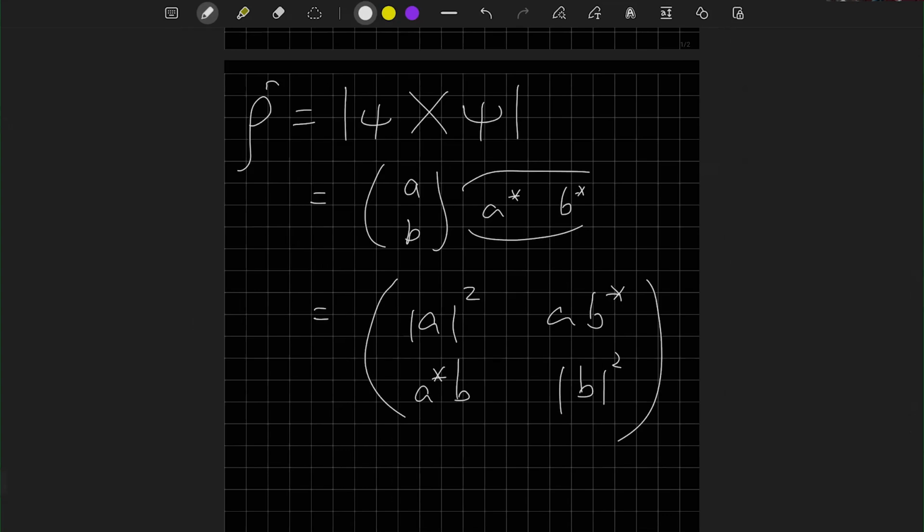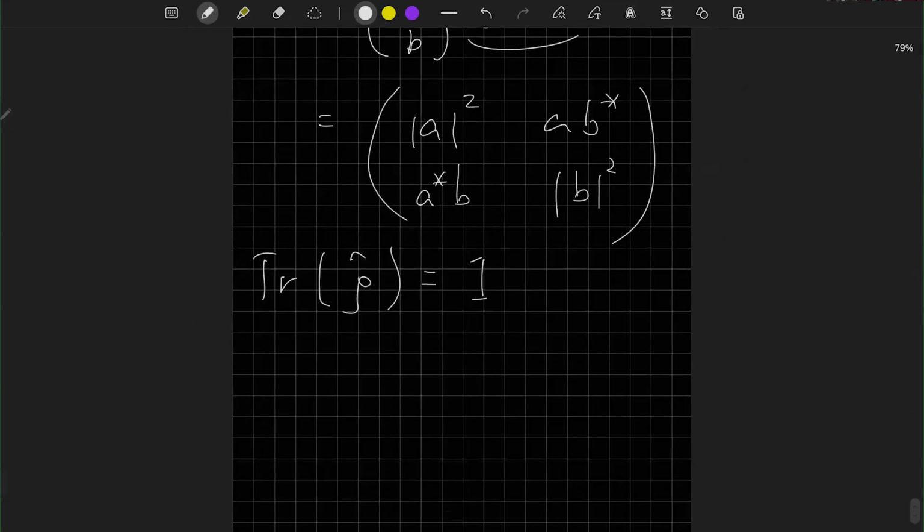Now, if you notice the trace of this density operator, which is the sum of the diagonal elements, is equal to 1. And if I were to take the eigenvalues of the density operator, they will always be positive or 0 at least. So this operator rho has three properties.